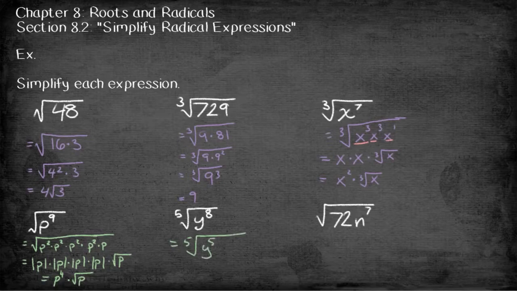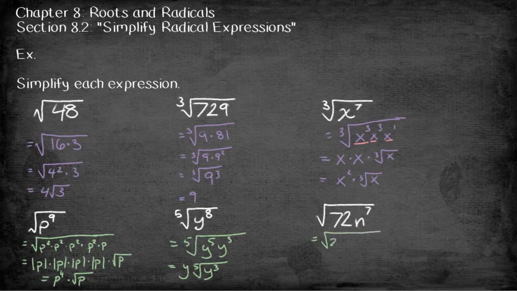Next up, we have y to the eighth. We can write that as y to the fifth times y cubed. So we're left with y times the fifth root of y cubed. And let's see, we have the square root of 72. 72 is not a perfect square. But 36 is.